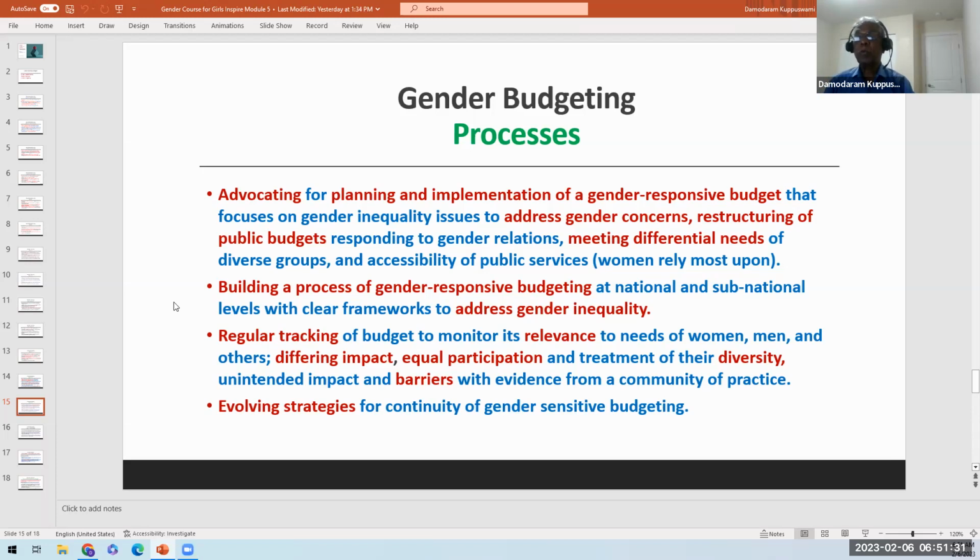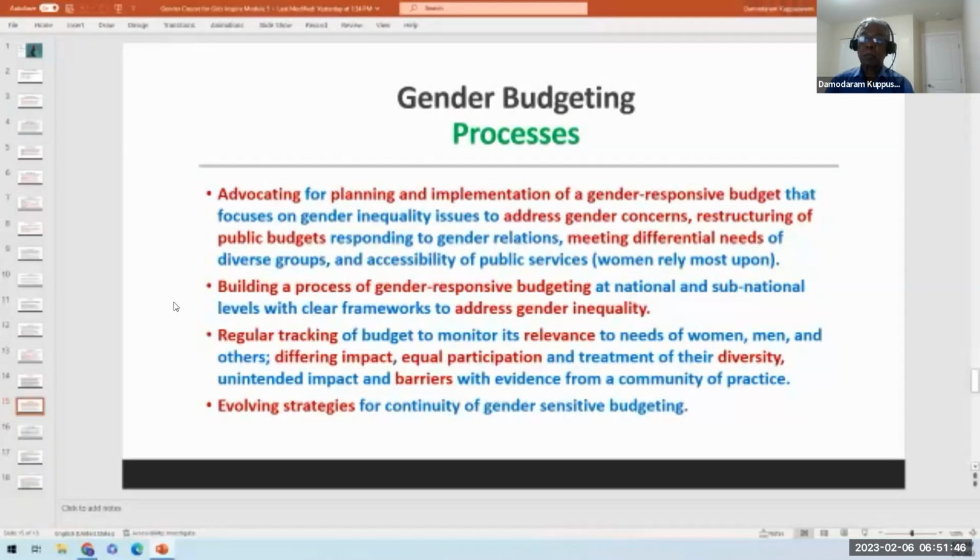So how do we build the process? Whether it is policy formulation or budgeting, it involves a process, and those processes must be gender responsive at all levels so that they address gender inequality.